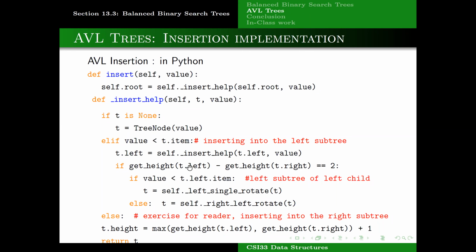We get the height of the left subtree, we get the height of the right subtree, and if the difference is 2, and this is exactly when it happens, right, then let's see where did we go to, right, from the child. So if value is less than the T's left item value, right, so it means that we went left, right, then it will be single rotation to us. To undo it, it will be called right rotation, right?